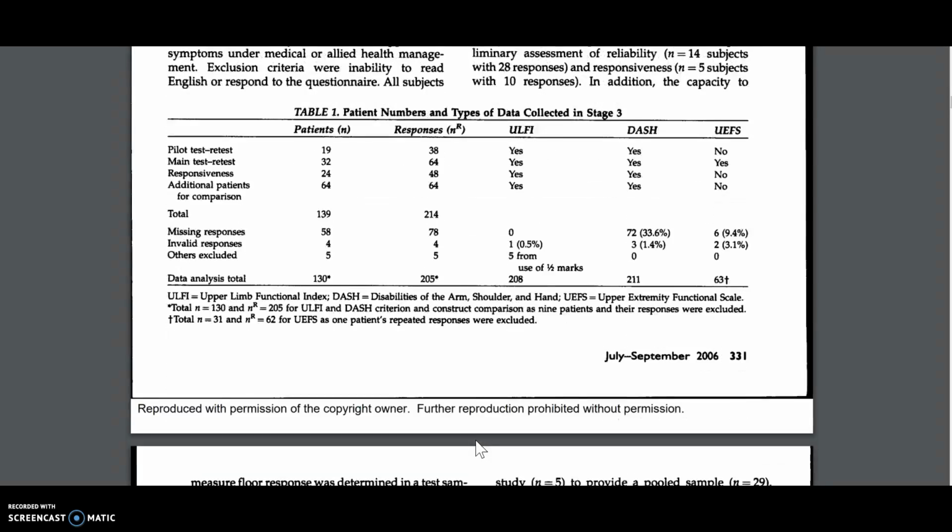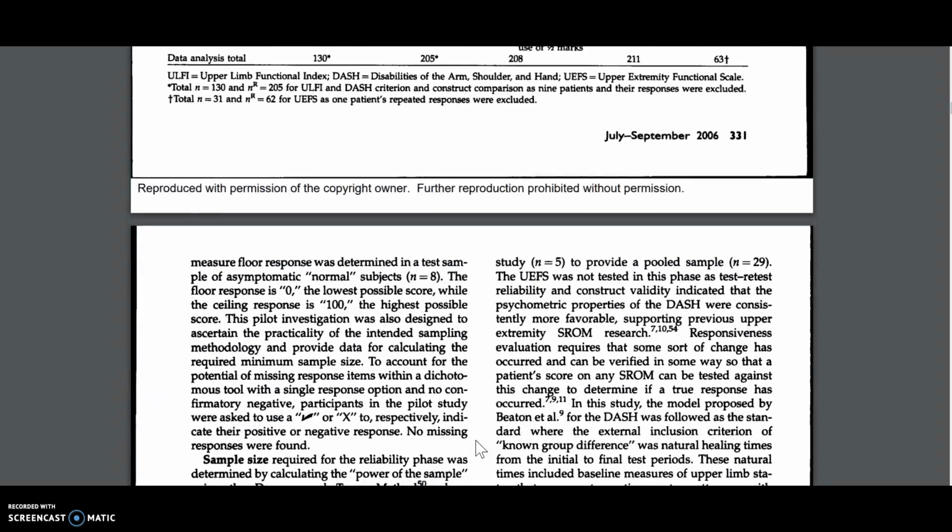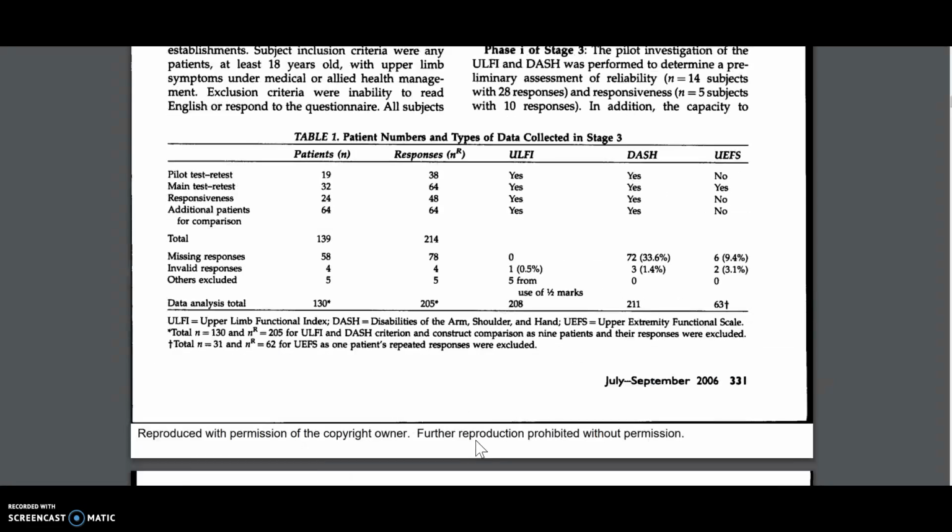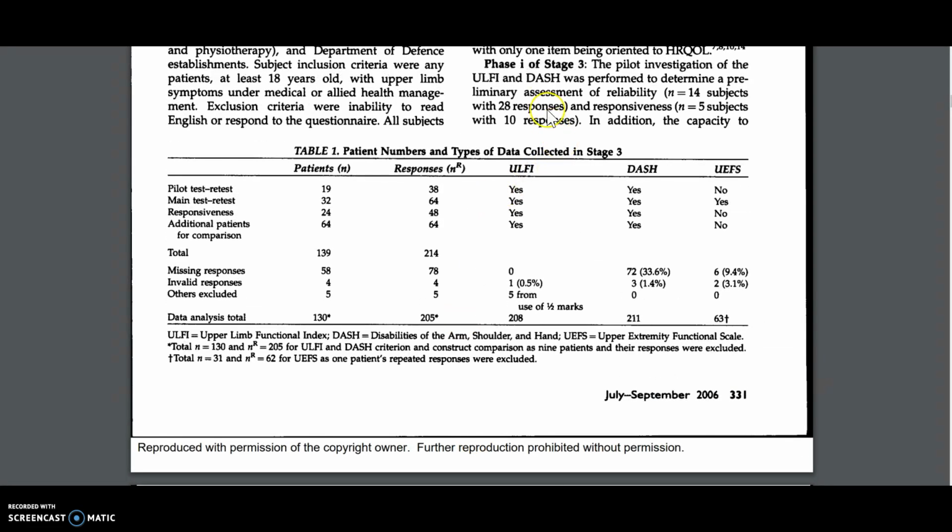Alright, let's keep going down to page 332. Actually, I'm going to continue from phase 1 of stage 3 at the very bottom of page 331. So, phase 1 of stage 3, the pilot investigation of the ULFI and the DASH was performed to determine a preliminary assessment of reliability. So they're testing for reliability.